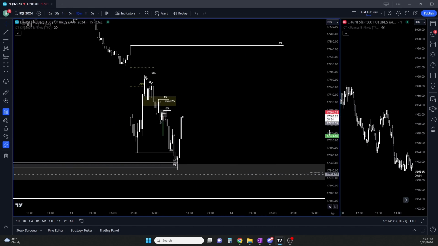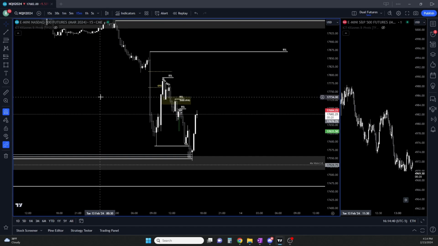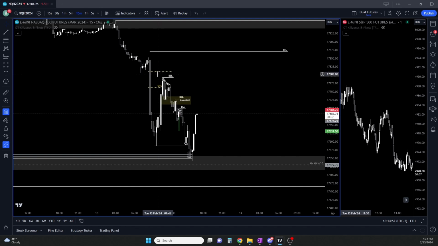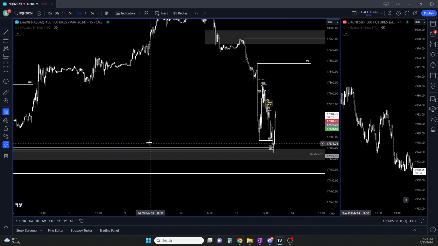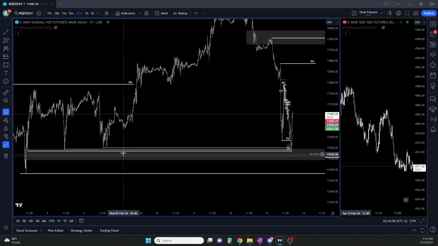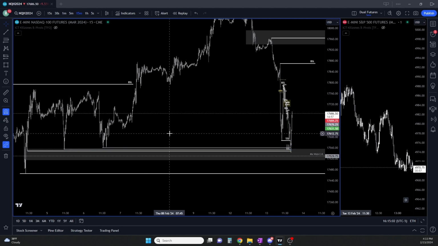So a little unfortunate, but I took that one loss and didn't let it spiral me out of control or anything. So not all bad, right? I thought this was going to happen, and it did. I'm gaining conviction in what I think the draw on liquidity is.